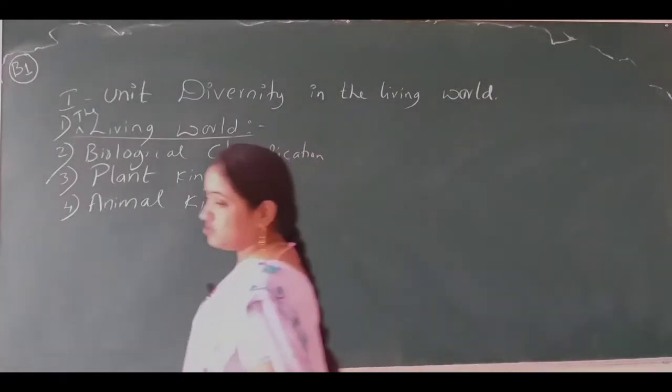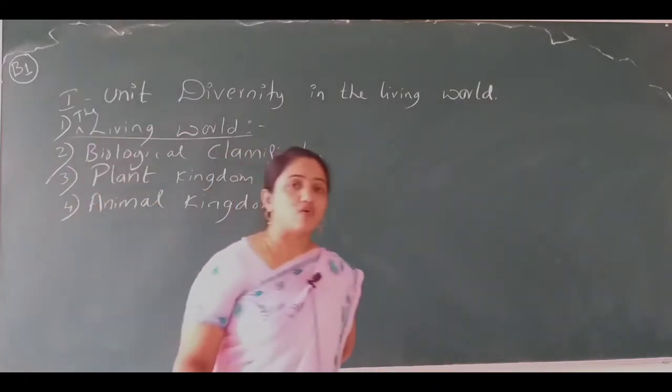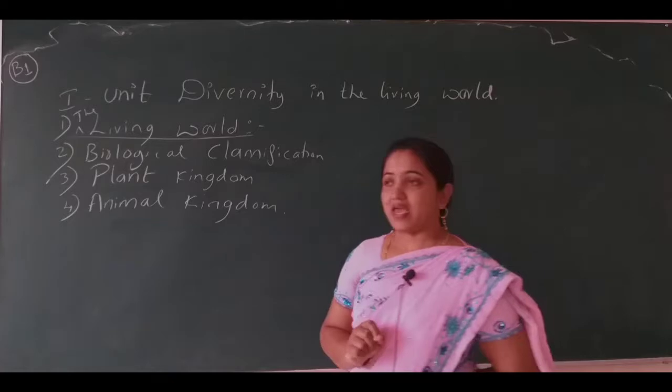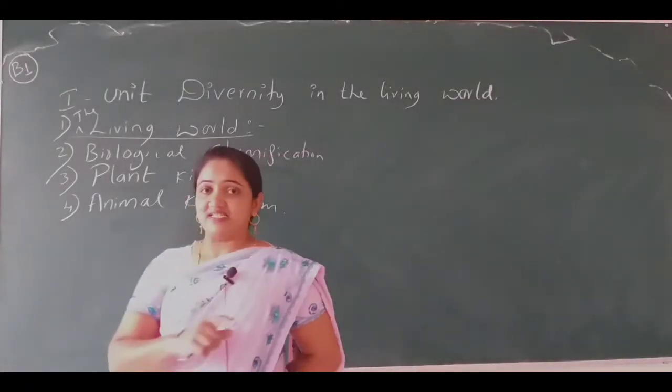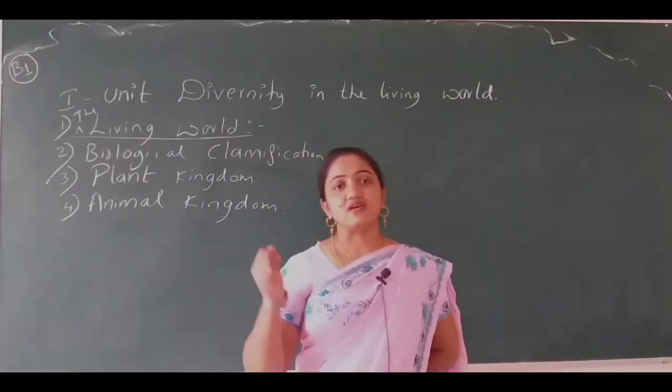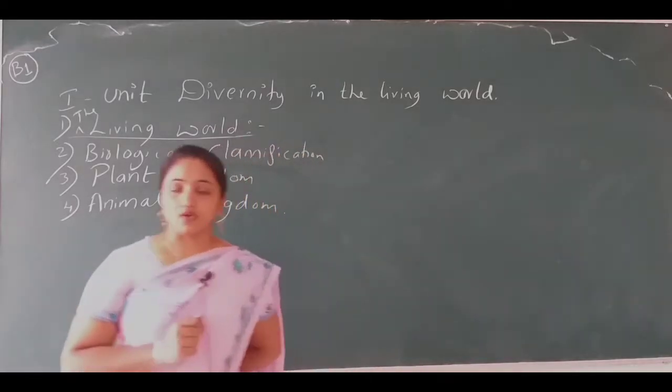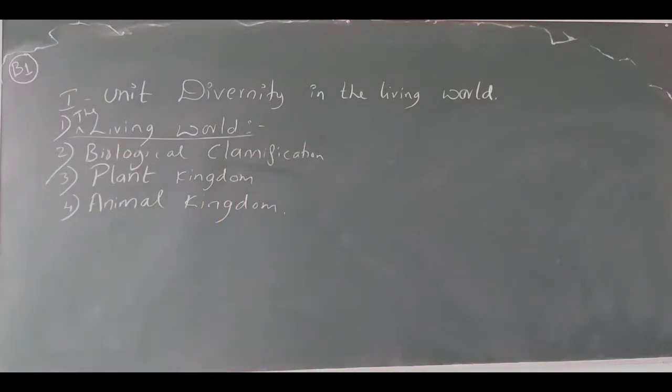The second unit is, I want you to write all these chapters' names. When I come to the class, first I'll check whether you have written the chapter names or not. Okay. The second unit is structural organization in plants and animals.